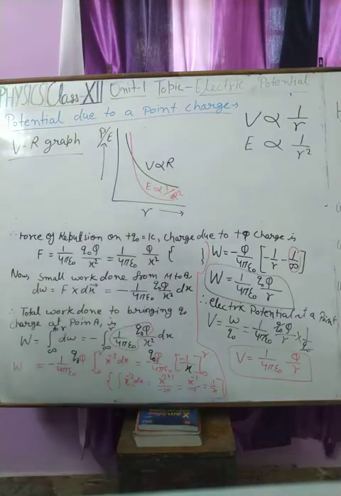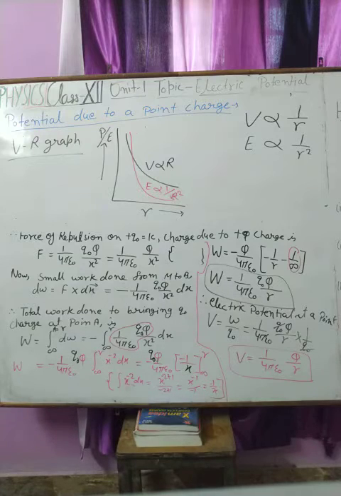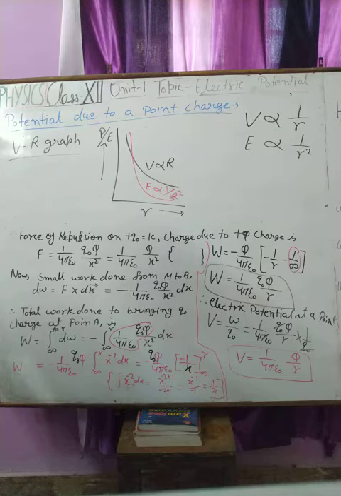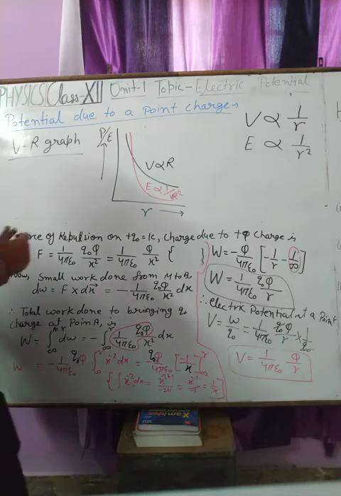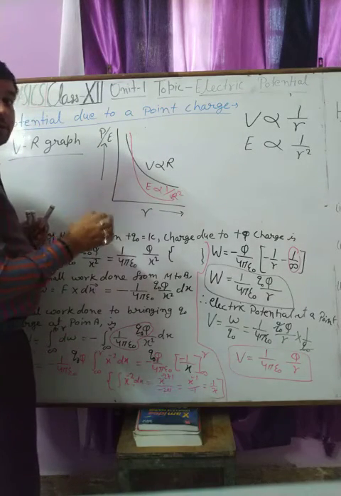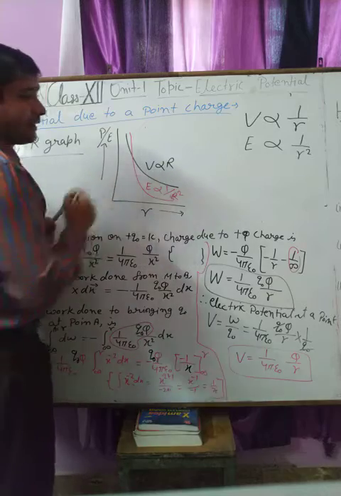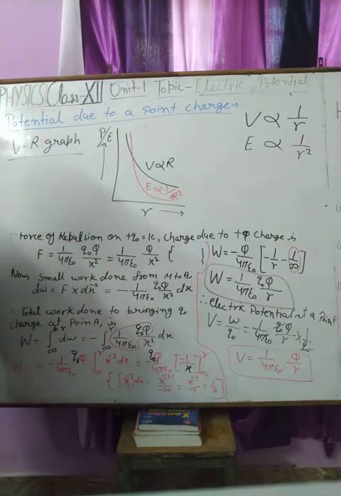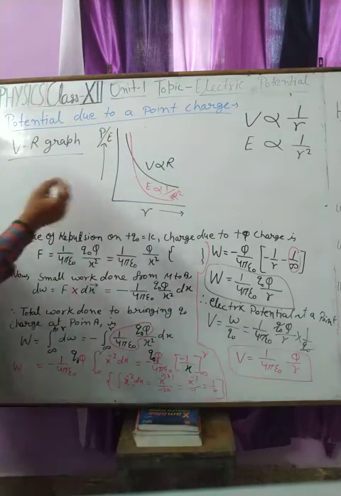Just copy this graph. That is, the potential is depleted slower than the electric field due to a point charge. Just copy.